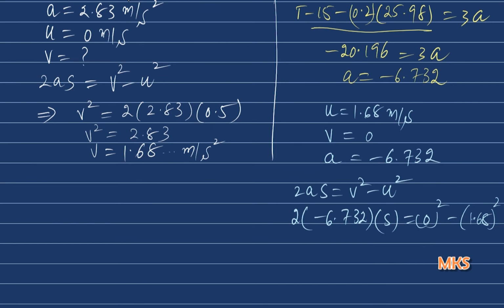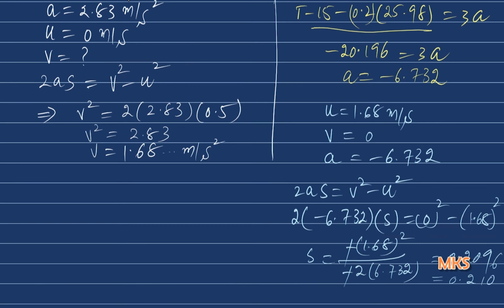So s is equal to minus 1.68 square over minus 2 times 6.732. Negative negative will be cancelled. 0.2096, so 0.210.